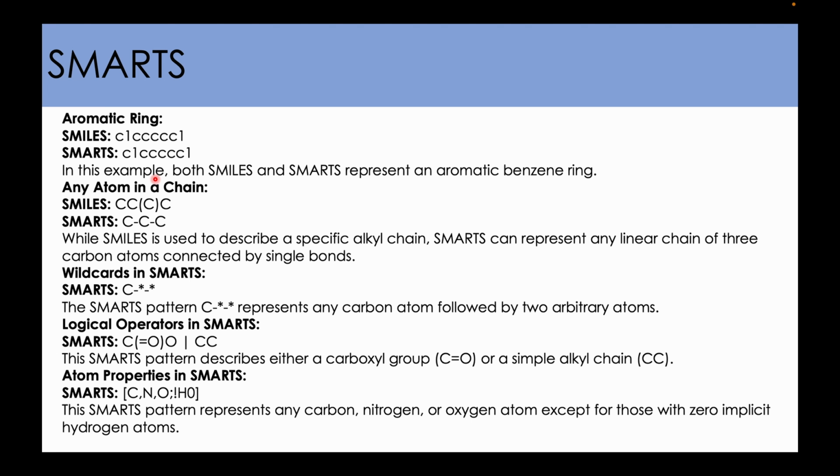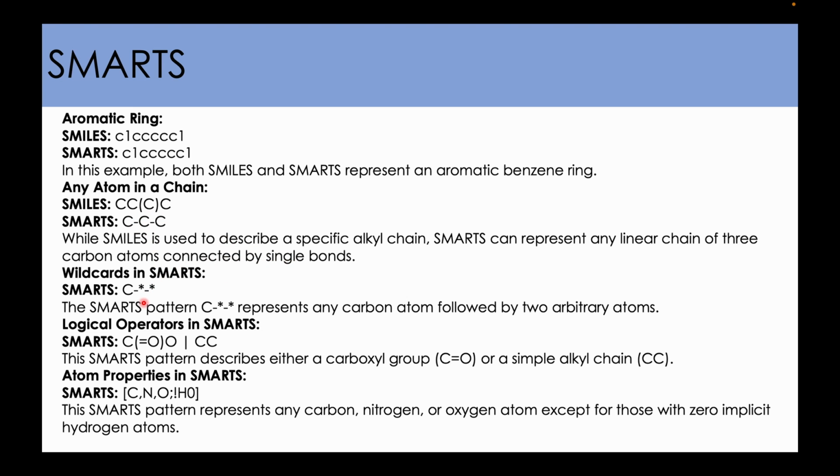Now let me explain this with the help of a few examples. In this example over here, both SMILES and SMARTS represent an aromatic benzene ring. So basically, SMILES and SMARTS can have the same notation as well. In here, SMILES is used to describe a specific alkyl chain, whereas SMARTS can represent any linear chain of 3 carbon atoms connected by a single bond.